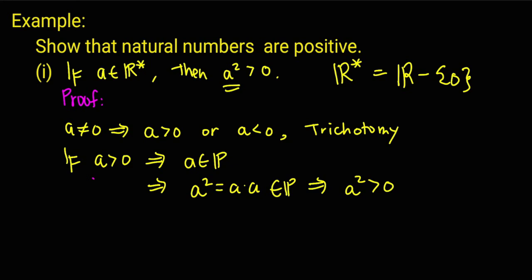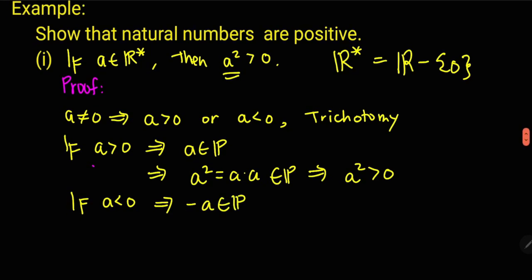That's the property of positive numbers. Now, on the other hand, if A is less than 0, then what does that mean? That means negative A is positive. But if negative A is positive and you multiply it by itself, negative A times negative A, and we know from our exercises that negative times negative will cancel, so this will just be A times A, or A squared.